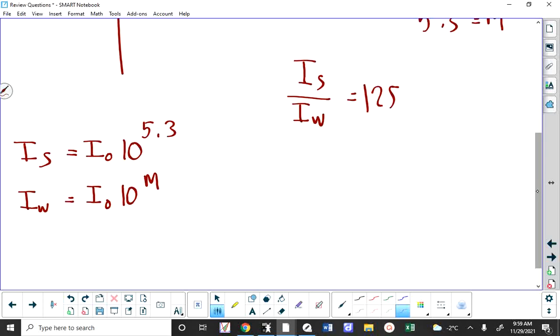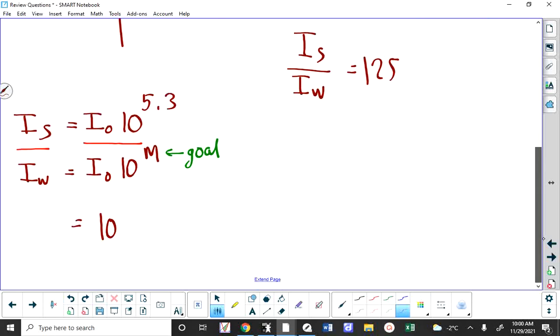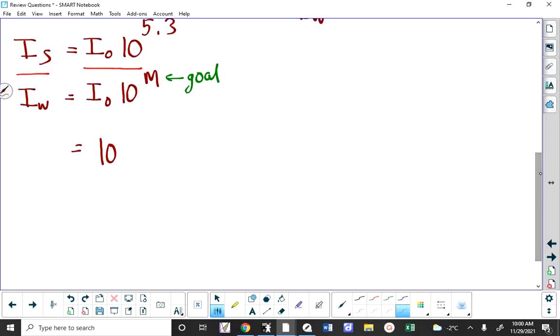And this seems like a horrific set of equations for us to work with, because we're trying to find this, and there's so much else we don't know. But if we divide both equations, on the left side we're going to get IS over IW, and on the right-hand side we're going to get 10 to the 5.3 over 10 to the m.